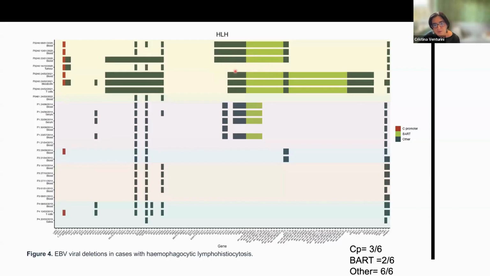This was very interesting to see, and it was present in the blood cells and in the T cells. It was consistent, but it was a different deletion.